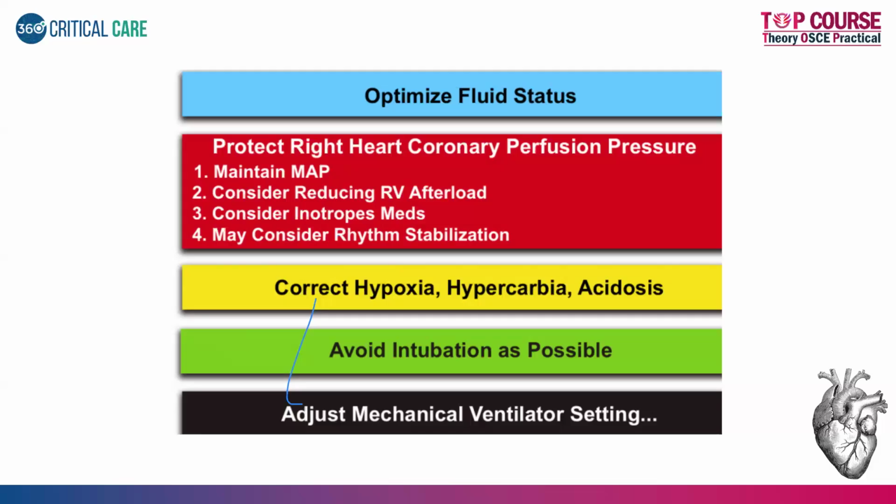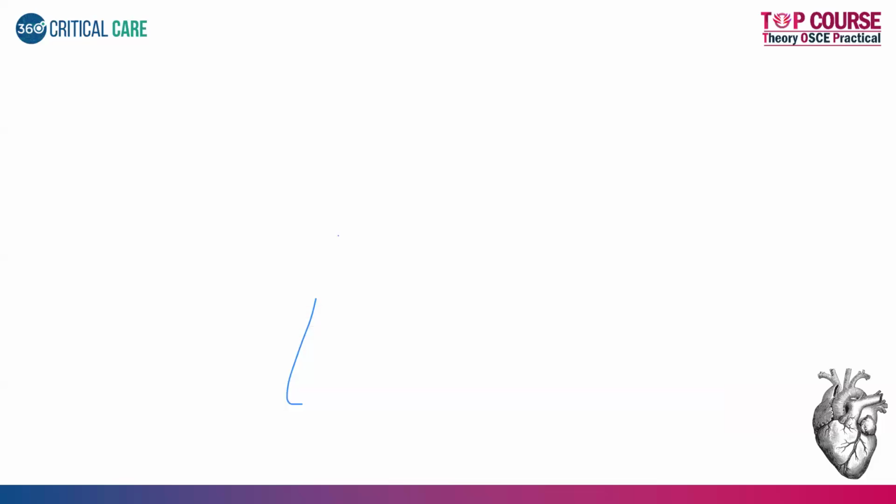Intubation and mechanical ventilation is very detrimental in these patients with RV failure because they have very little physiological reserve and can tip the balance into a precipitous spiral leading to hemodynamic decompensation when we put them on positive pressure ventilation. So these are the headings under which I would like to discuss RV failure management.